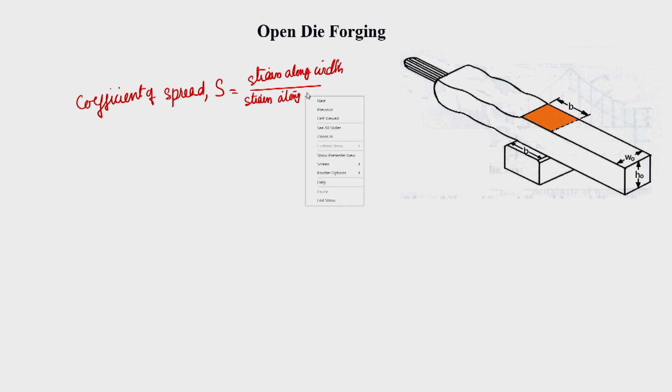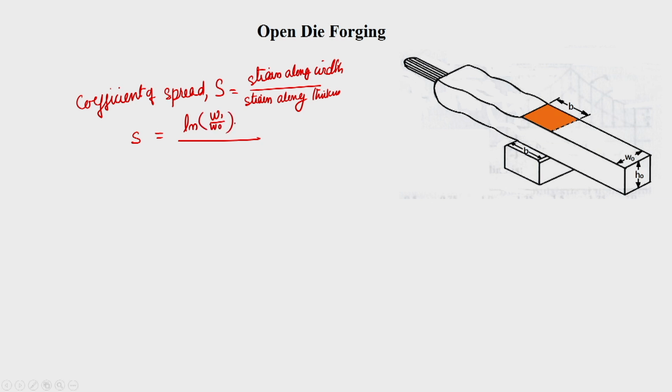So, S is equal to the ratio of log W1 by W0, and along the thickness it is compressed, so log H0 by H1.